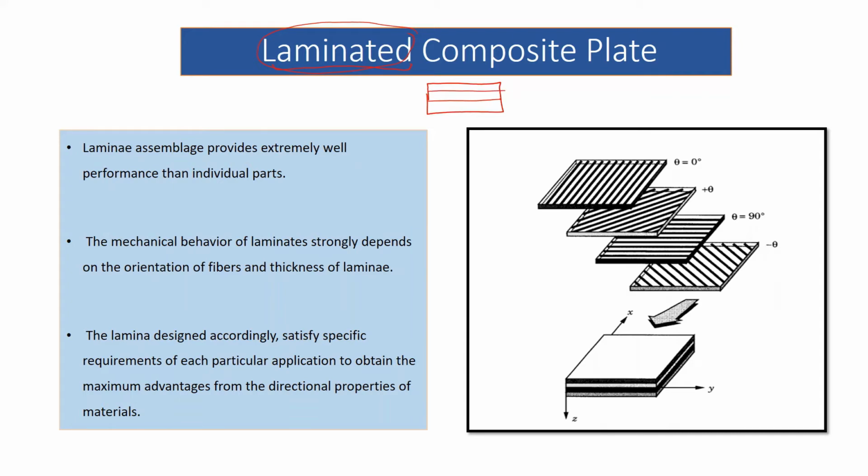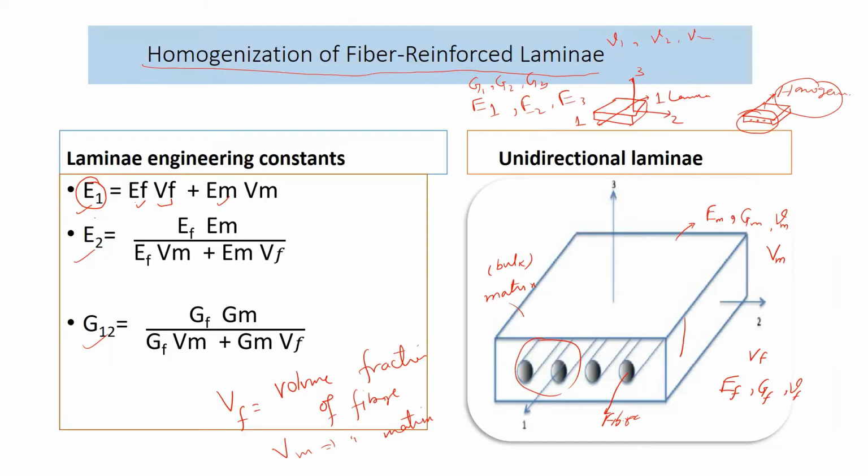We know why we use many lamina: a single lamina is stronger in the fiber direction only. It is stronger in only this one direction, the direction in which the fiber is oriented, and in other directions it is very weak, so it cannot take much higher load.